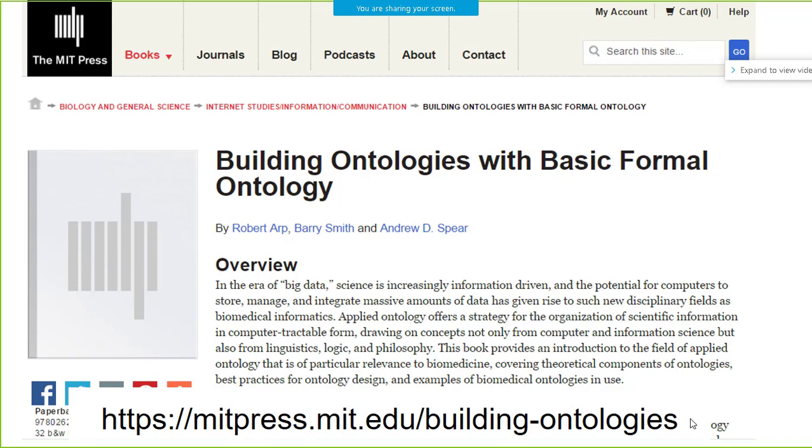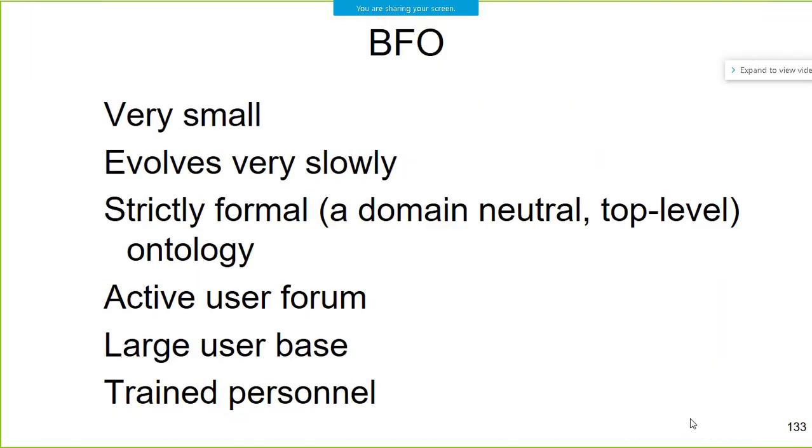And there is a book called Building Ontologies with Basic Formal Ontology, which describes how to build ontologies using Basic Formal Ontology. And it's the only book in the world with the word ontology twice in its title. So BFO is very small, as you can imagine, because it's completely general. It applies to everything in the universe.